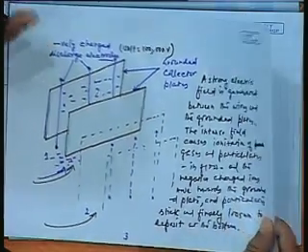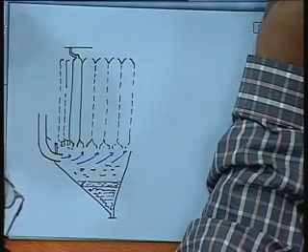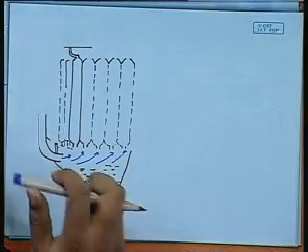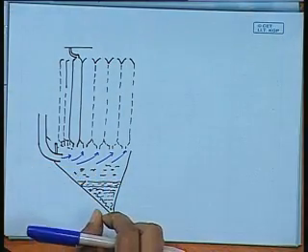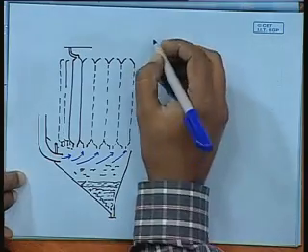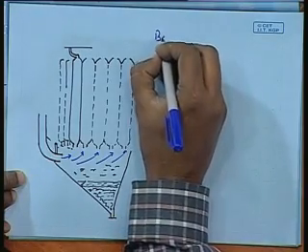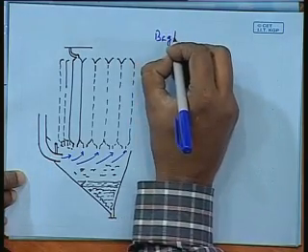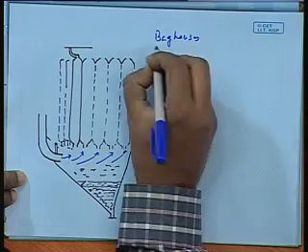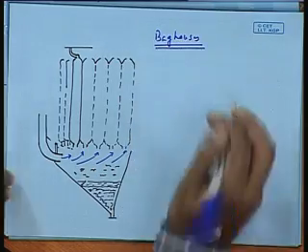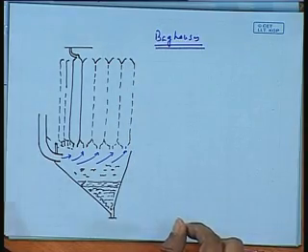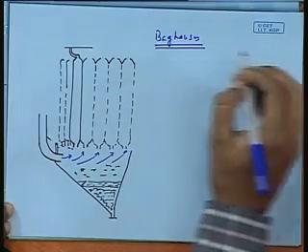Briefly, what it is, the working principle, we have discussed. The next in line that we would discuss today is the bag houses. If you have seen the dust cleaners at home, you have seen these bags.